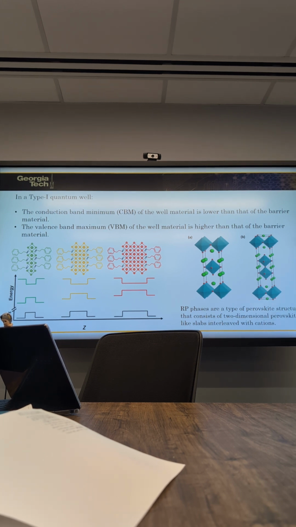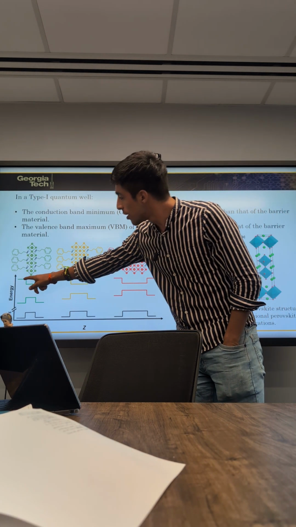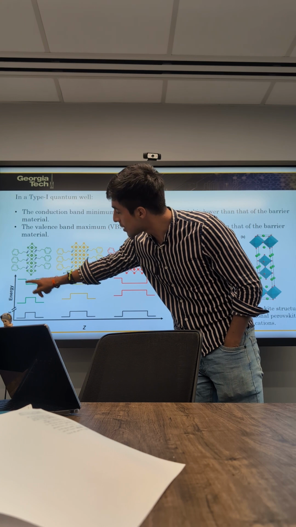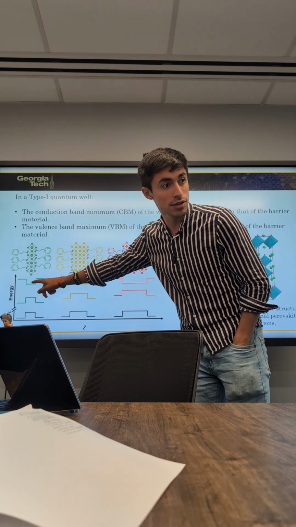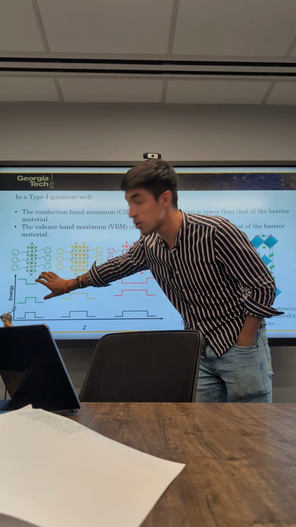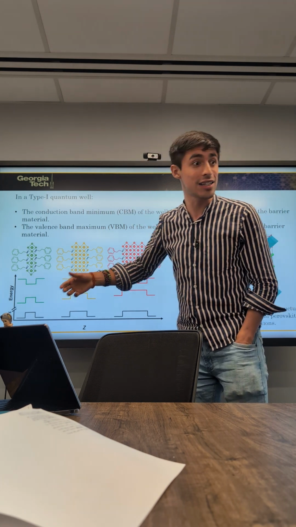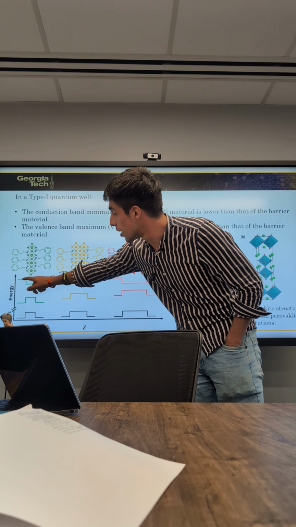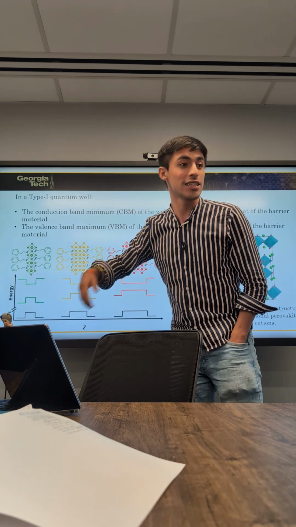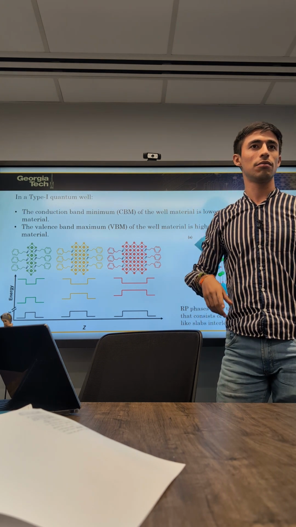Here the conduction band is higher than the perovskite, and the valence band is lower than the perovskite. So you create the quantum well in this way. But there is a type 2 where this is the opposite. Here you have a lower one and this is higher. And it is also like a quantum well.